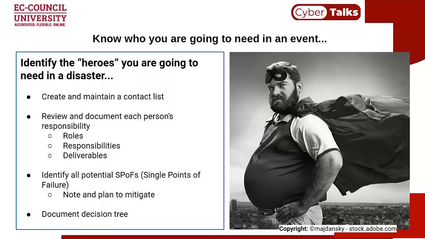They need to have dry run this thing. There's also the great single point of failure, SPOFs, right? There's always those really smart people that make things go. They're the ones that everybody calls when something goes wrong. They're the ones that tend to be the hub of incident calls and that type of thing.